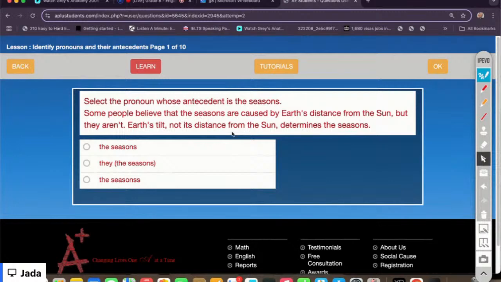Some people believe that the seasons are caused by the Earth's distance from the sun, but they aren't. Earth's tilt, not the distance from the sun, determines the seasons.